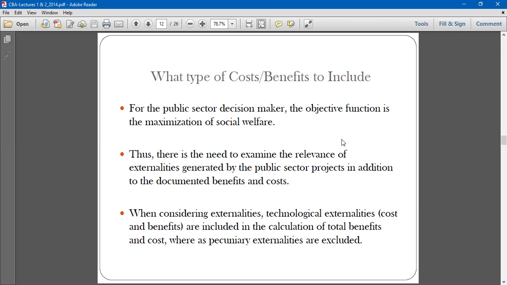Now, basically in CBA, we have two externalities that we consider: the technical or technological externality and the pecuniary externality. The technological ones are added, but the pecuniary ones are not added to the cost and the benefit.